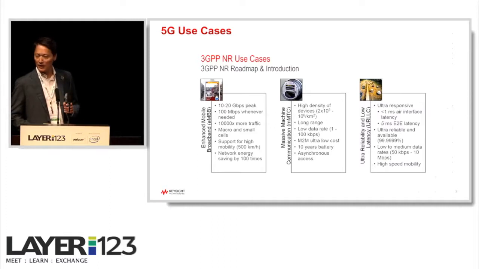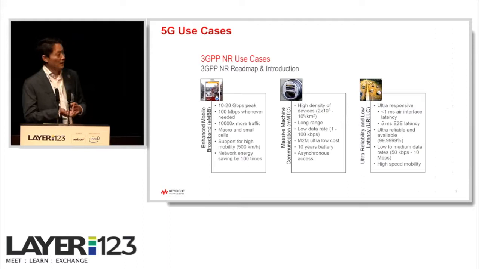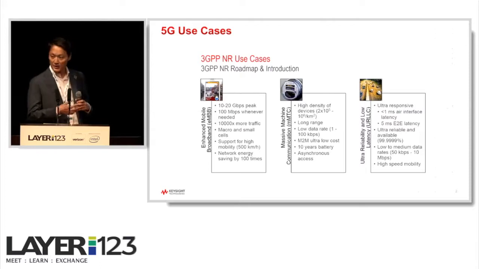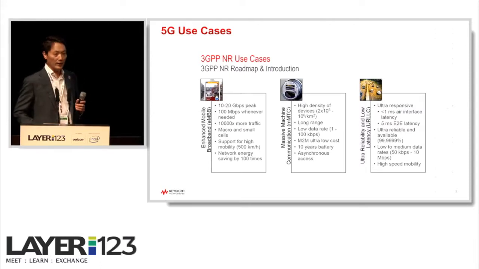So what does 5G mean for an end user? What's the benefits? The benefits are quite substantial. Not only does it deliver higher bandwidth, 10 to 20 times as much bandwidth, but the cells can be a lot denser. So we can accommodate more than 1,000 times per square meter.